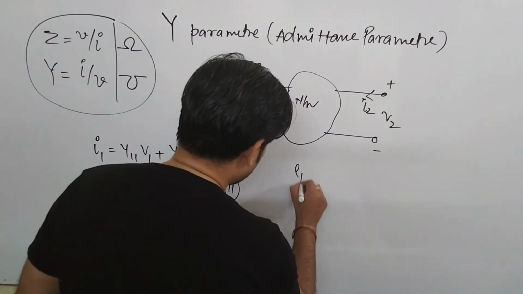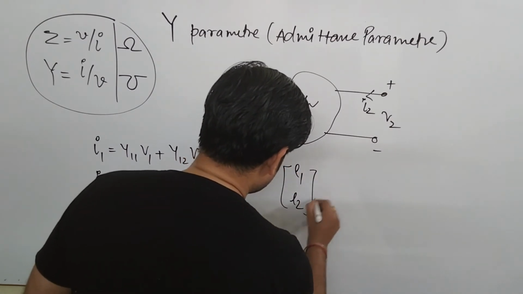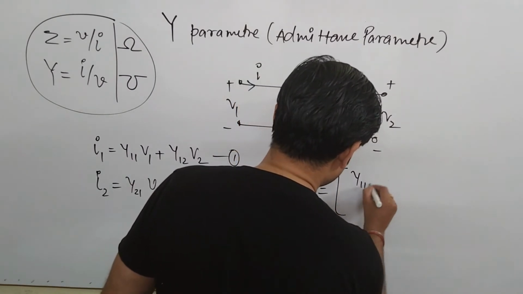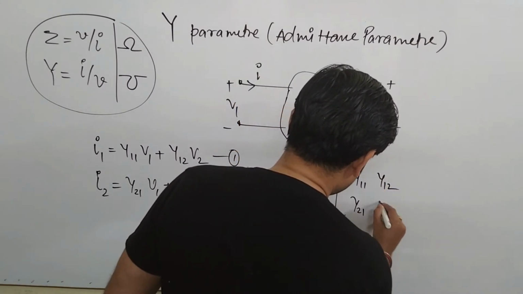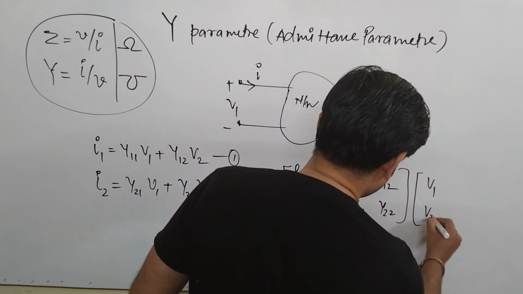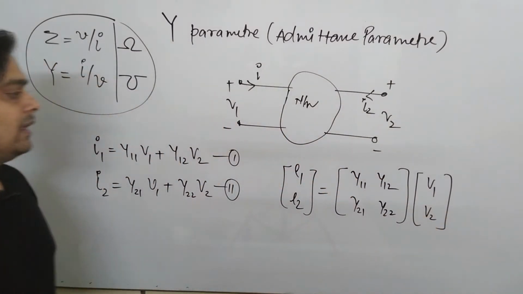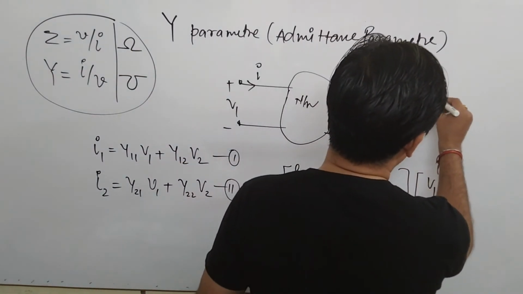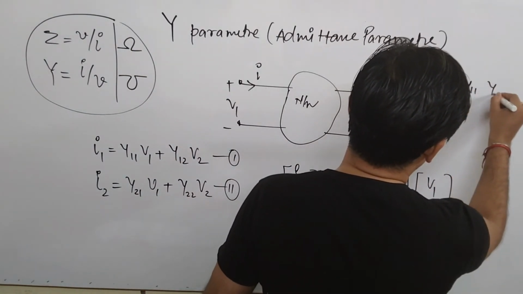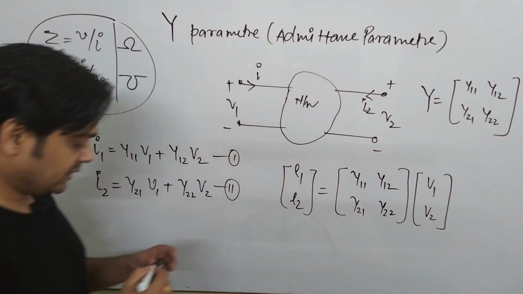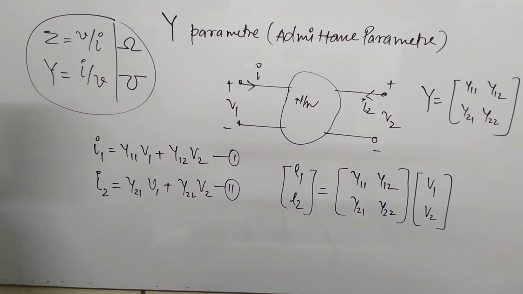Now if you make its matrix, the admittance matrix, it comes in the form of Y11, Y12, Y21, Y22, multiplied by V1, V2. So this Y is known as your admittance matrix. Now we'll see how we find it.